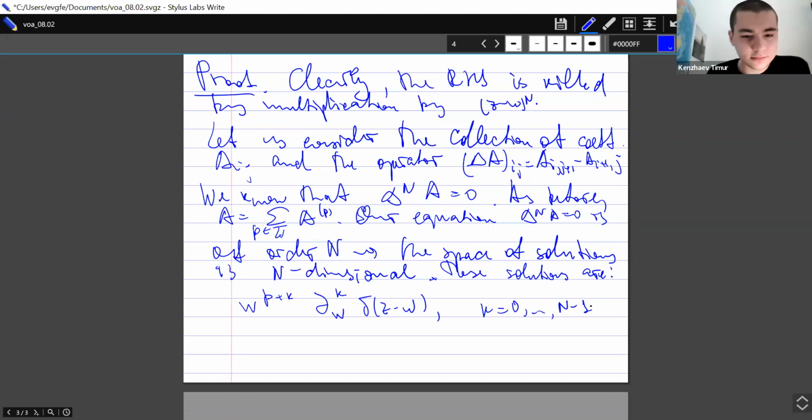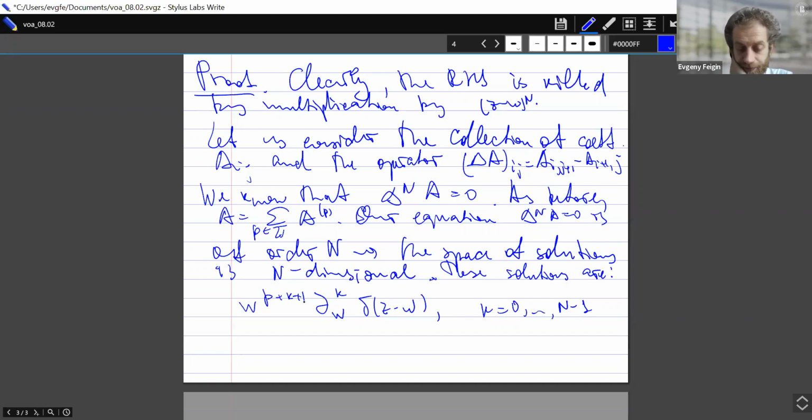Plus 1 probably. Yes. Because the delta function, the sum of the powers of z and w in the delta function is minus 1, and we take the k-th derivative, then the sum should be minus k minus 1. We need totally to have p.